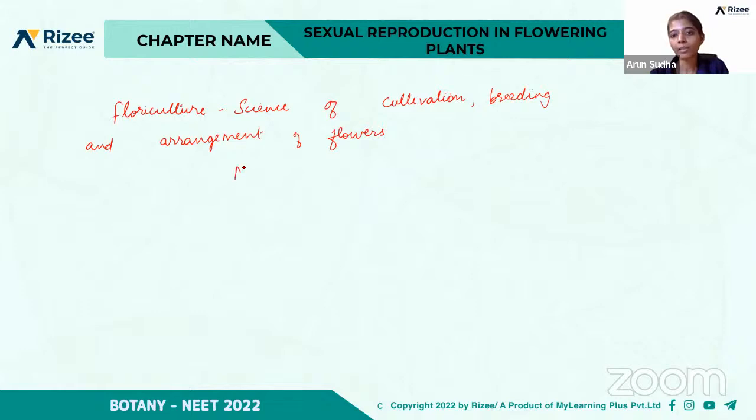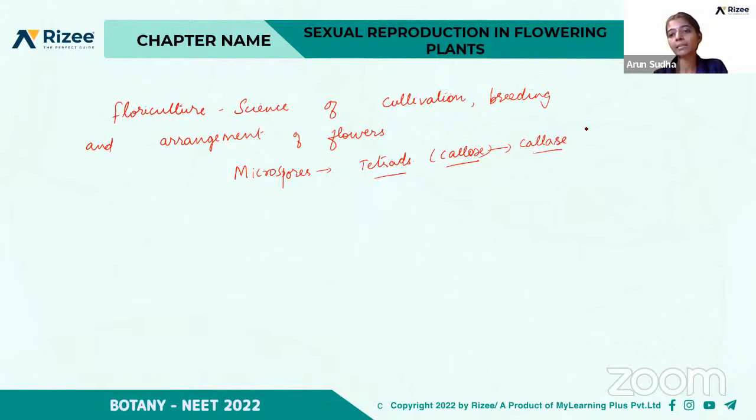Because we saw that the microspores are formed in the form of tetrads, right? So here the tetrads are connected by means of the callose. And this callose is degraded by the enzyme callase.